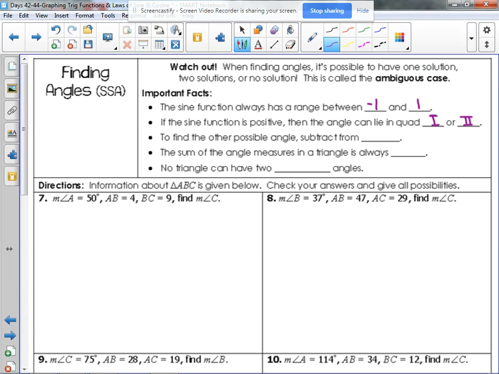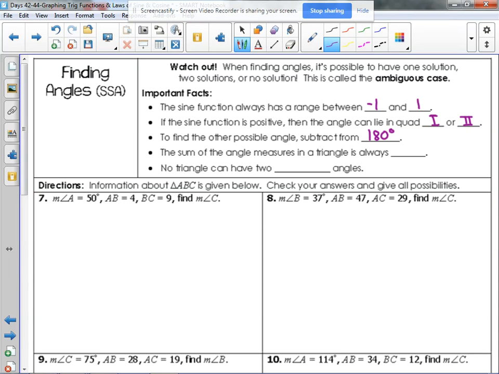Because we can have, let's just use an angle off the unit circle, a sine of an angle equaling 1/2, well, that could happen at 30 degrees, or that could happen at 150 degrees. 30 degrees and 150 both could be angles in a triangle because they're both less than 180. So that's where we have two possible options. So to find the other possible angle, then we will subtract from 180 degrees.